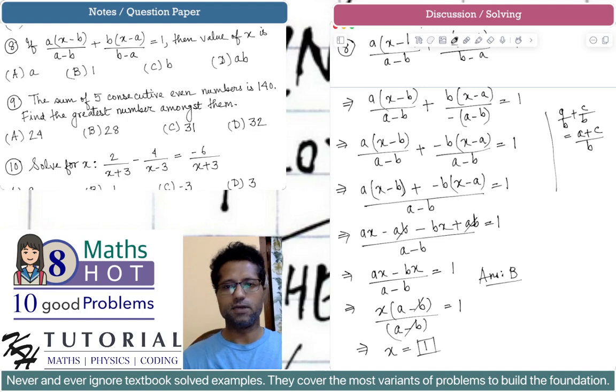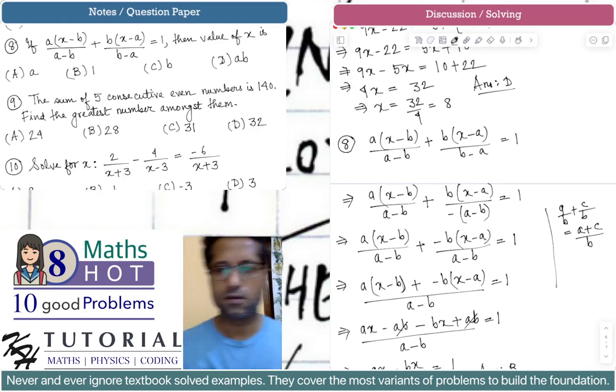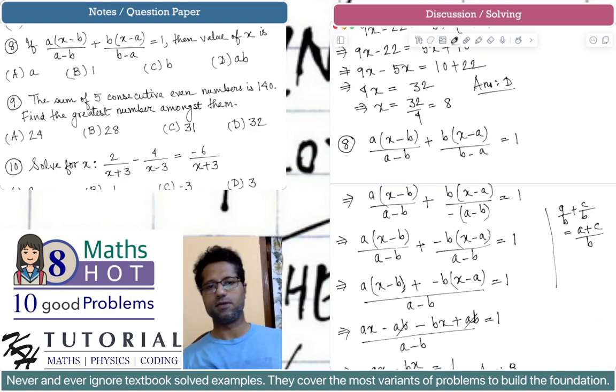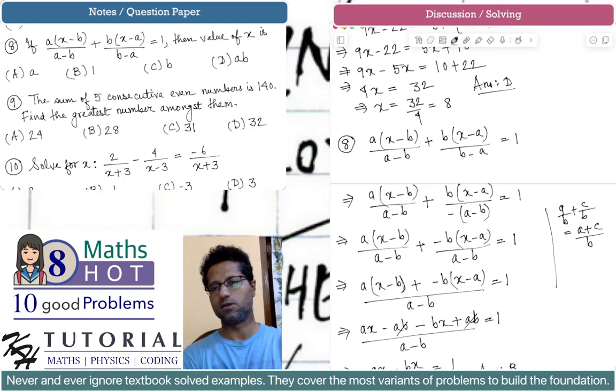The idea was that in this given equation, you can see that the LHS is the addition of two terms where both the terms are in rational form, the variable x is present in the numerator, and also the denominators are same, not exactly same, the denominators are negative of each other.